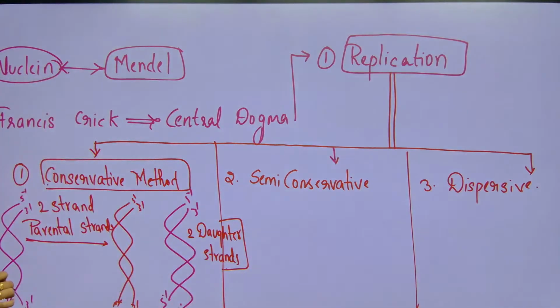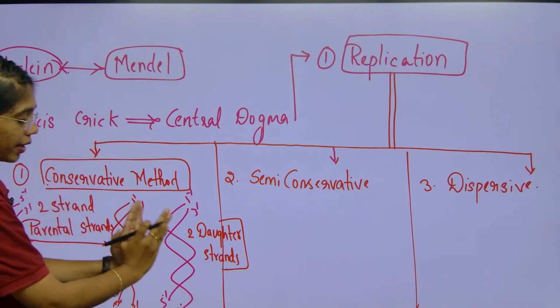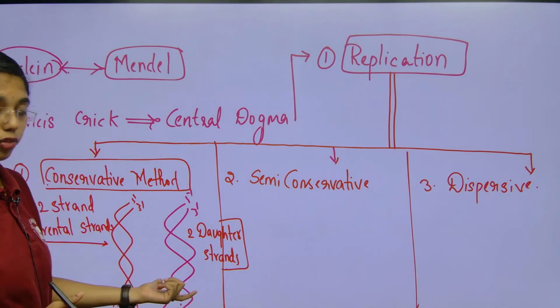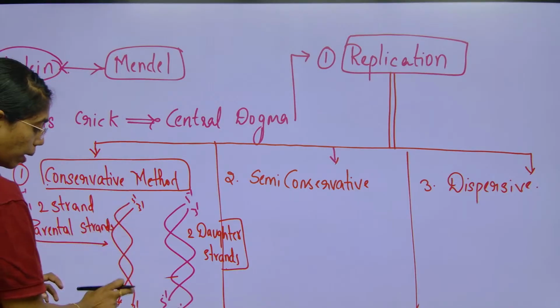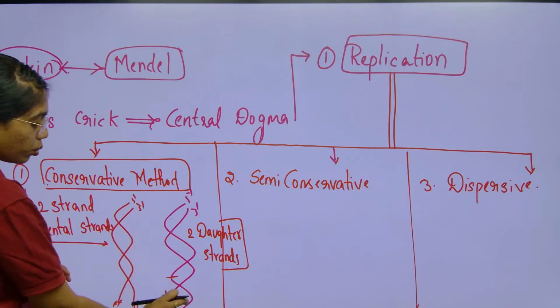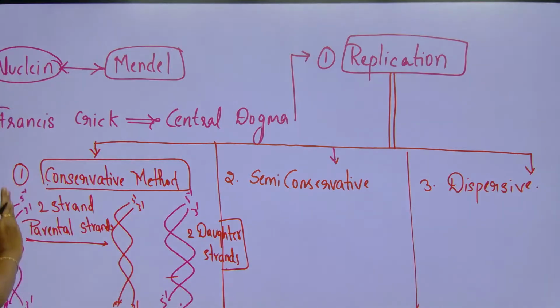Got it? So, the conservative method says that from a double stranded DNA, double stranded daughter strands are formed. At the end you can see 2 double stranded parental strands and 2 daughter strands. Here both the strands act like parental strands only.